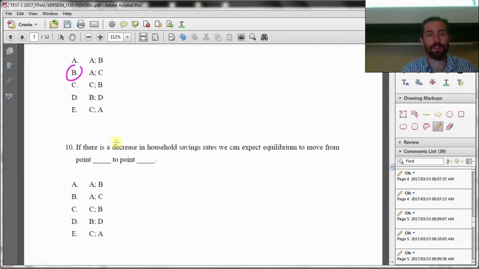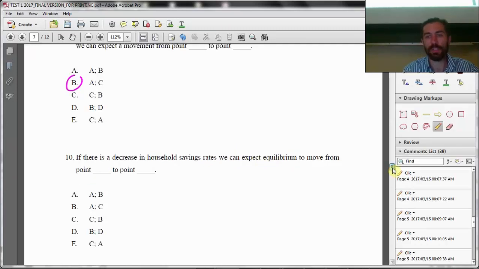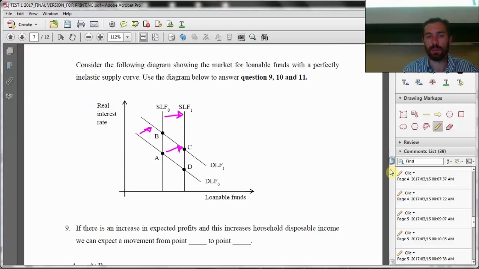Then if there is a decrease in household savings rates, we can expect equilibrium to move from point what to point what. So a decrease in savings rates basically means that for any given income level you're saving less, so your supply of loanable funds is going to be shifting to the left.